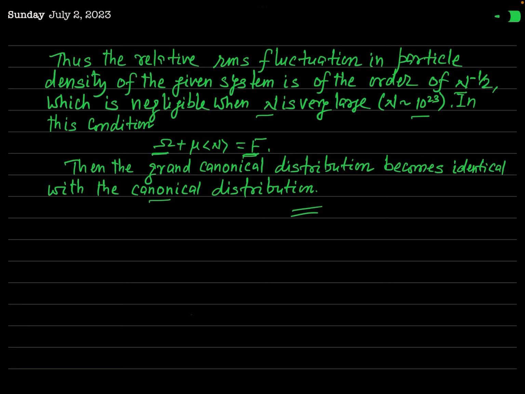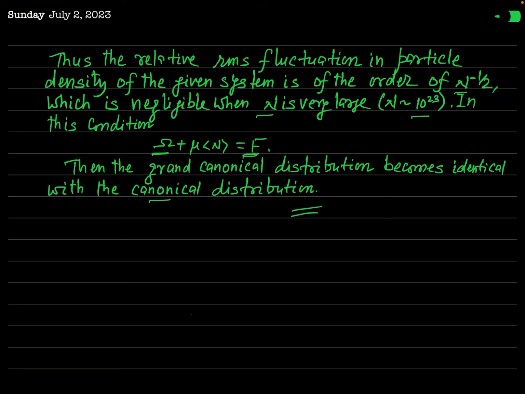And so in such cases the formalism of the grand canonical ensemble will provide a correct picture of the physical situation and will be preferred. It means if you are dealing with the problem of phase transition, then you have to consider the formalism of the grand canonical ensemble, not the formalism of the canonical ensemble.